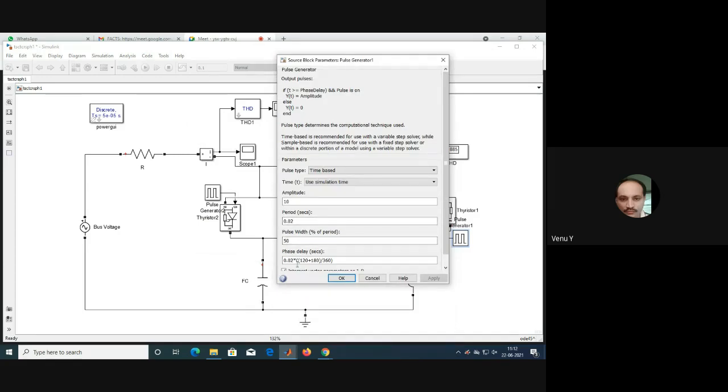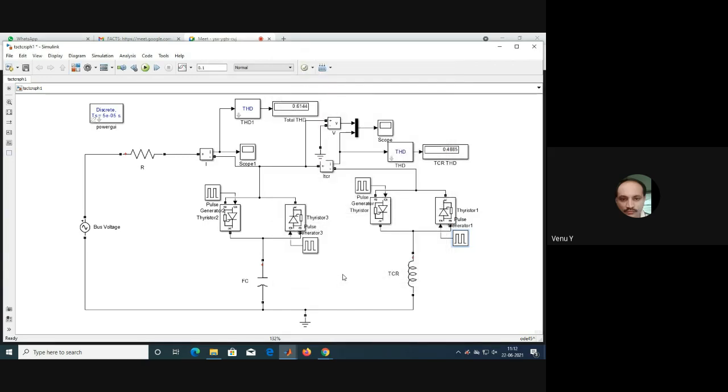For the second thyristor, 0.02, 50, 0.02 into 120 plus 180, so alpha plus 180. So this is the firing of TCR, and this is the current flowing through the TCR, the current measurement block, THD content of TCR current, and this is the bus voltage. At any point voltage can be seen, so bus voltage is measured here.